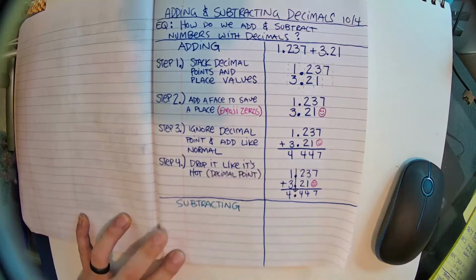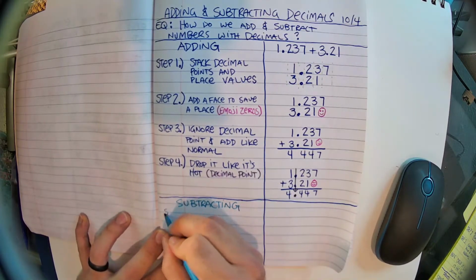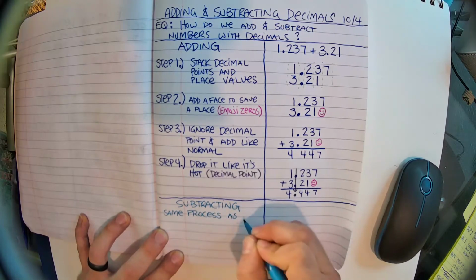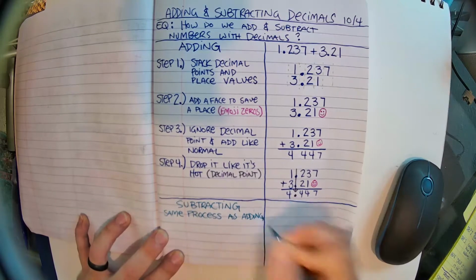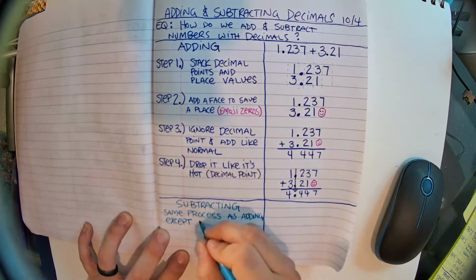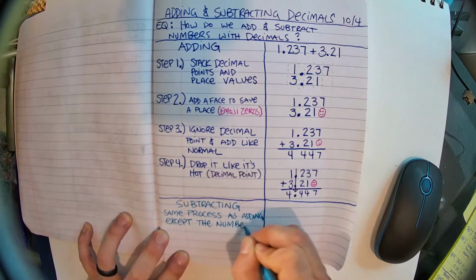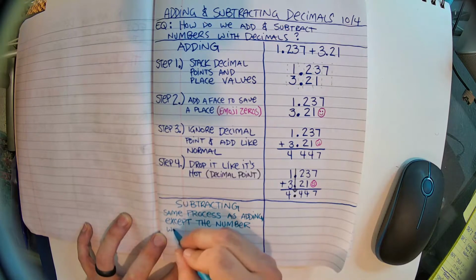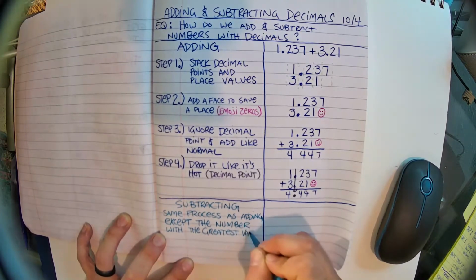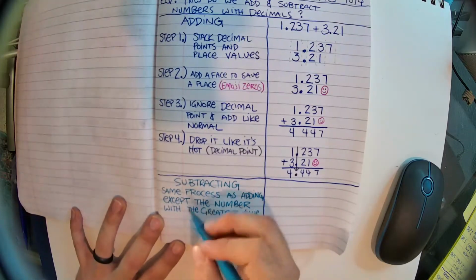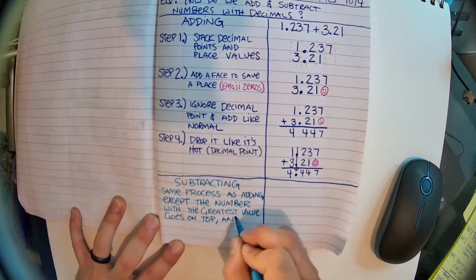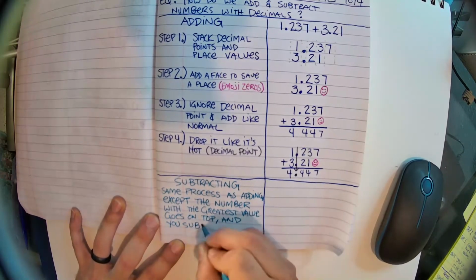All right, so here's what's going to happen. The process is the same process as adding, except the number with the greatest value goes on top, and you subtract instead of add.